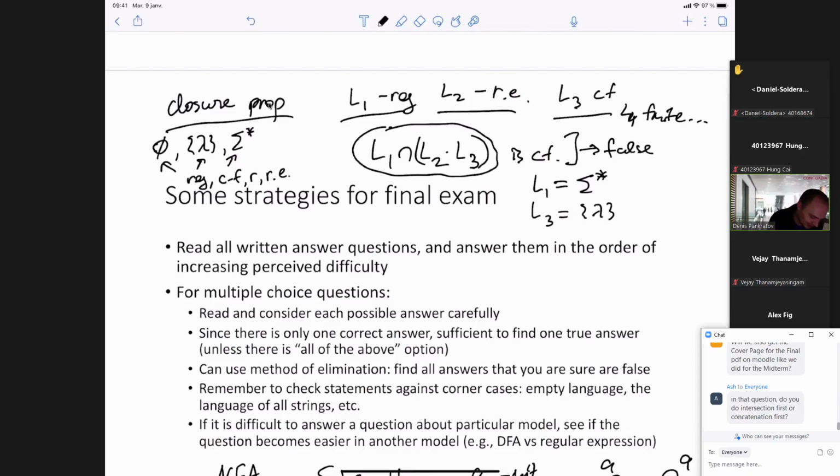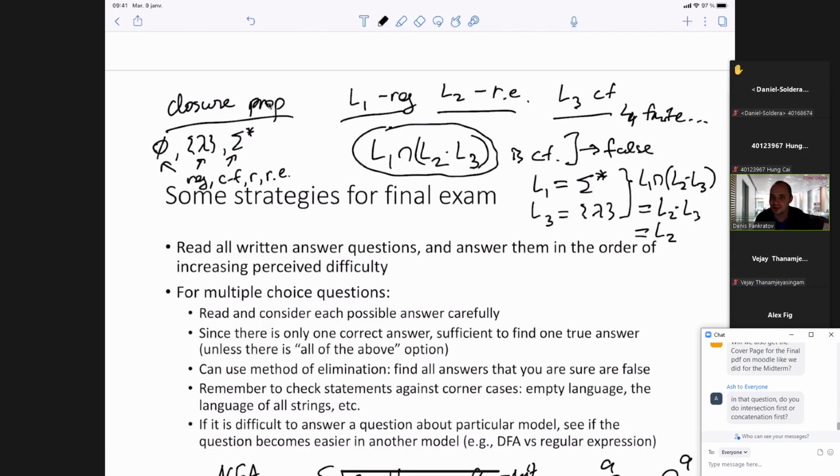So under these conditions, L1 intersection L2 dot L3 is just equal to sigma star intersected with the language, which leaves the language the same as it was. And when you concatenate with lambda, it leaves L2 intact. So you recover just L2.